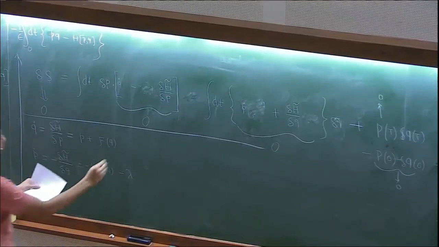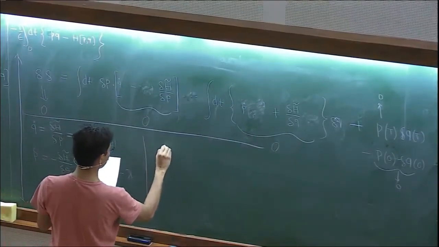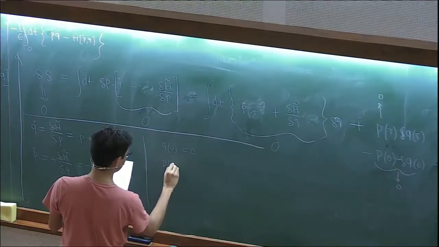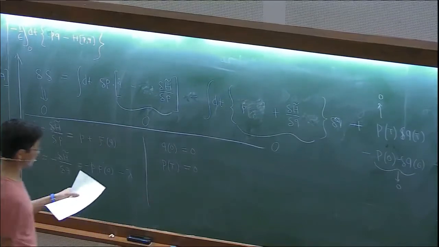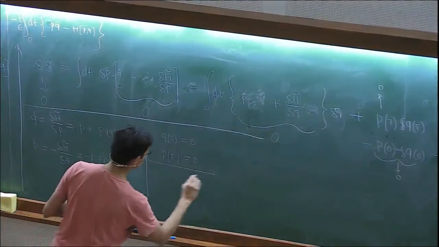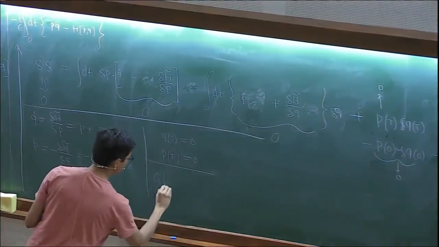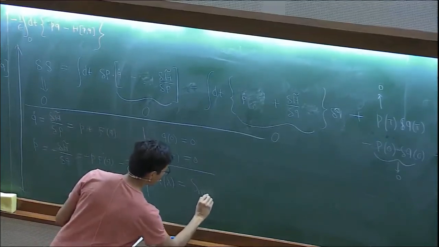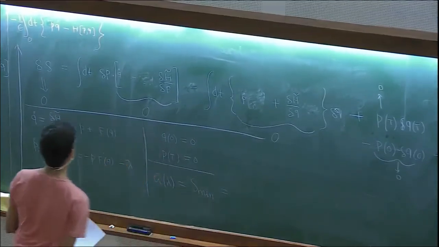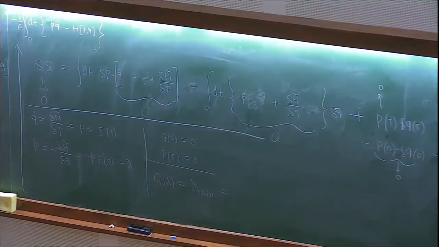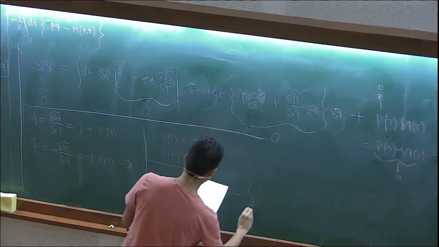With the boundary condition that Q of 0 is 0 and P at T is 0. And now what I want is the minimal action, which will give me G of lambda, which is the S min. What you do is just take this equation, put it here, replace Q dot. You'll find that this expression just simplifies a little bit.